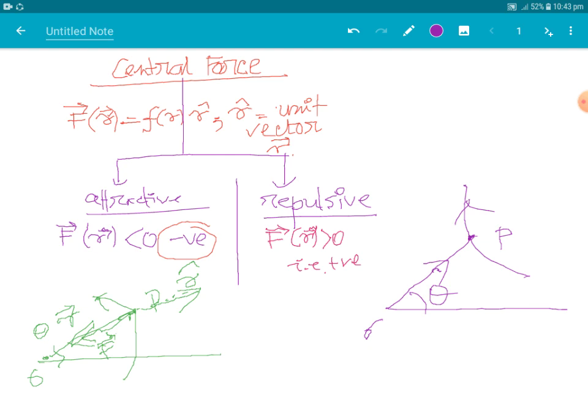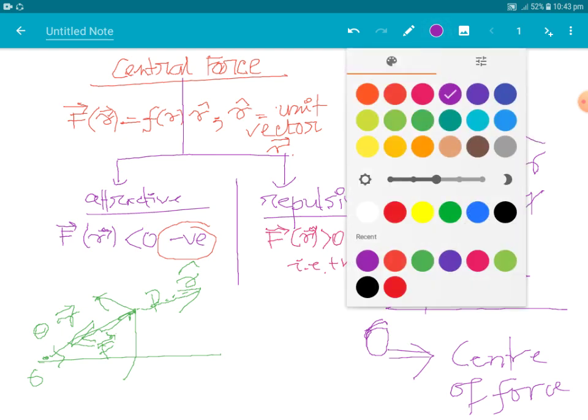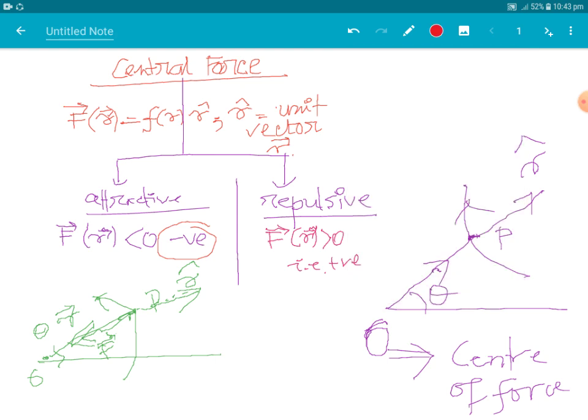Here the force is directed away from a particular point. Here the particular point is O, which is called the center of force. The direction of r cap is along this, as we already saw in the previous figure, and the direction of force is this, that is away from O. So here the quantity F(r) is positive, that is greater than 0.